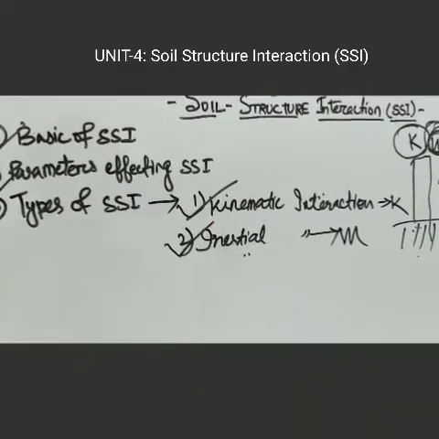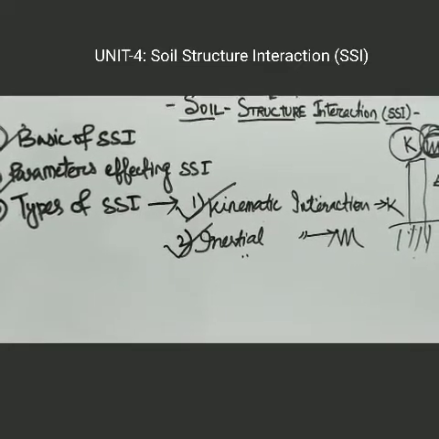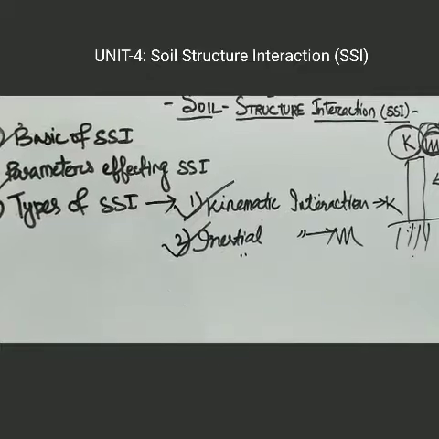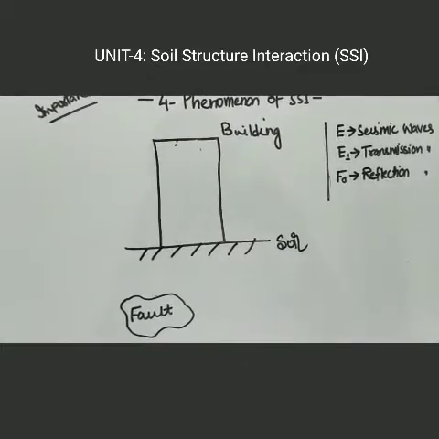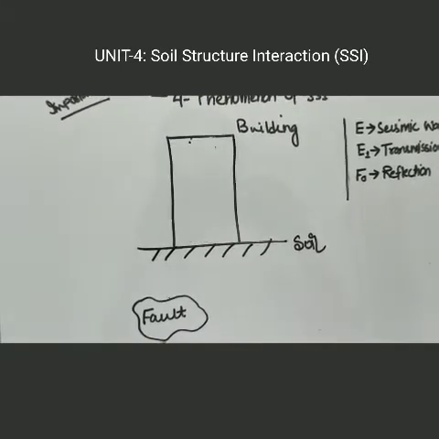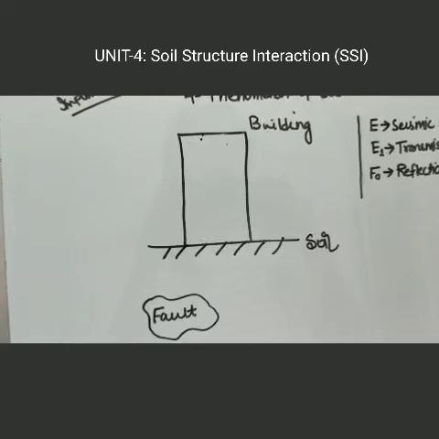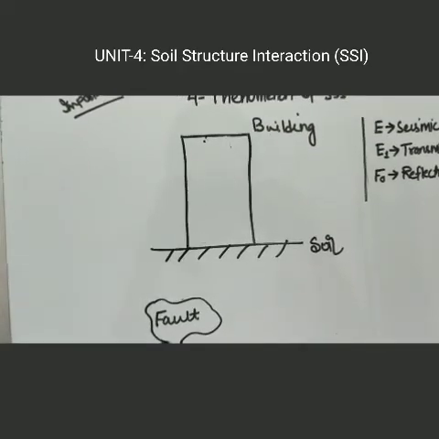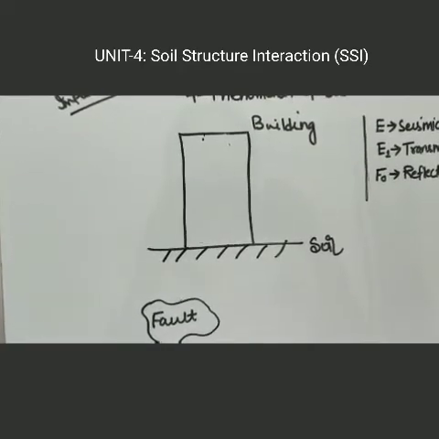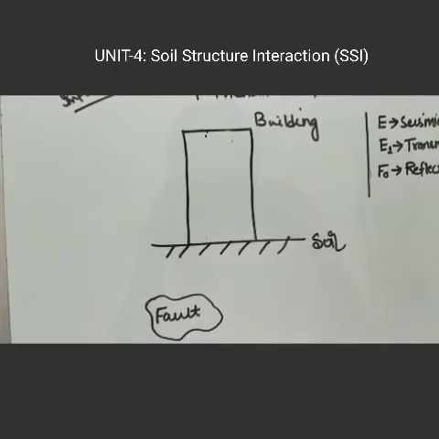Now the fourth part and the most important part is how soil structure interaction happens, the phenomenon of soil structure interaction. It is an important theory where you will also have to explain the phenomenon with a diagram.